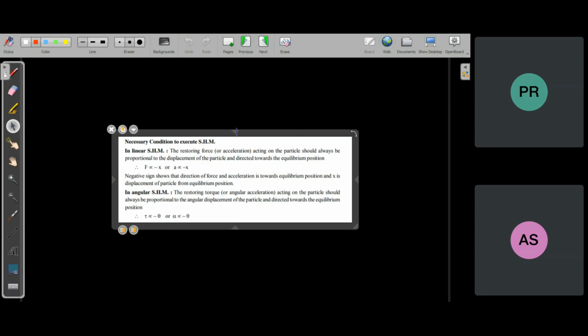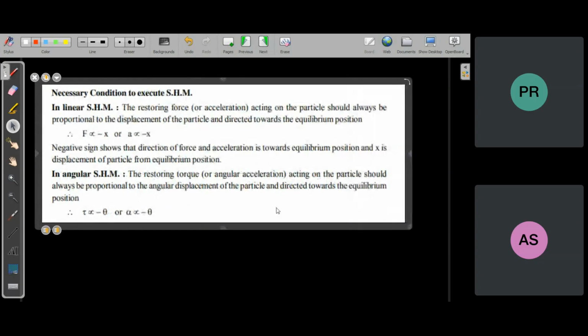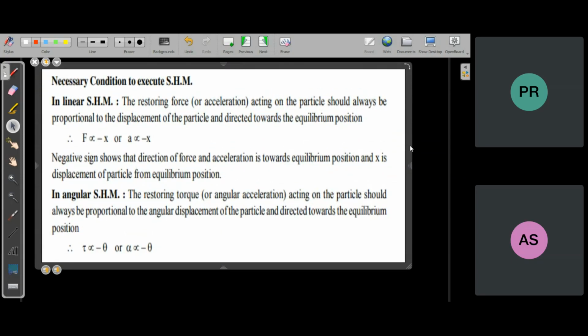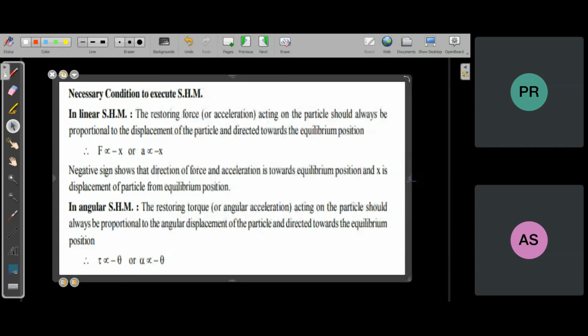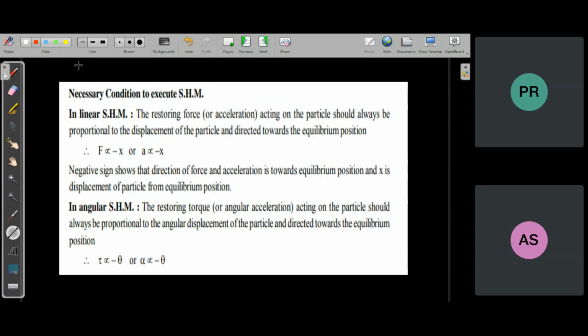Now the necessary condition to execute SHM. We already discussed in the last class that the necessary condition is that the force must be directly proportional to the displacement from mean position and directed opposite to the displacement from mean position.